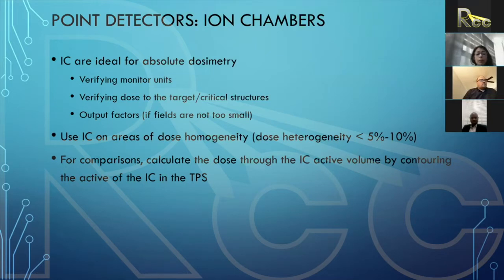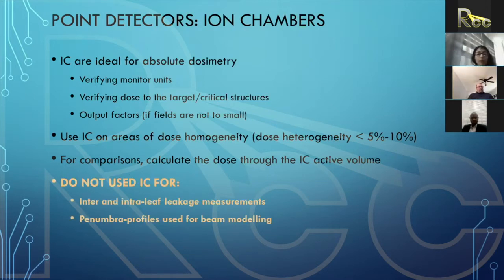But I will talk more about this in our next lecture. And also for comparisons, it's very useful if you calculate the dose through the ion chamber active volume by contouring the active volume of your ion chamber in the treatment planning system.